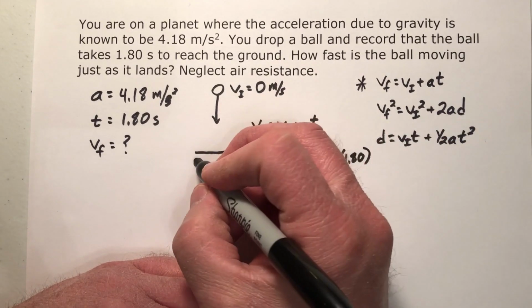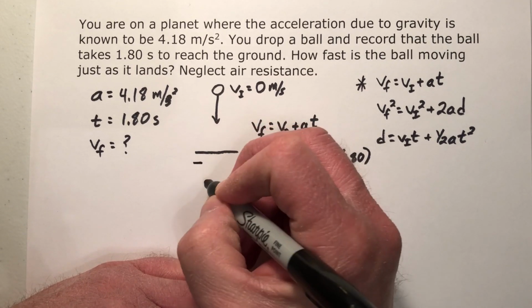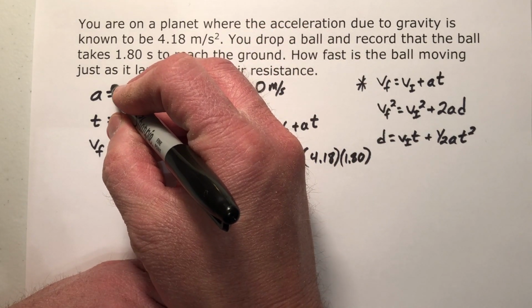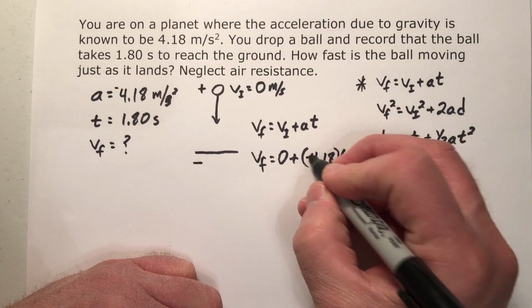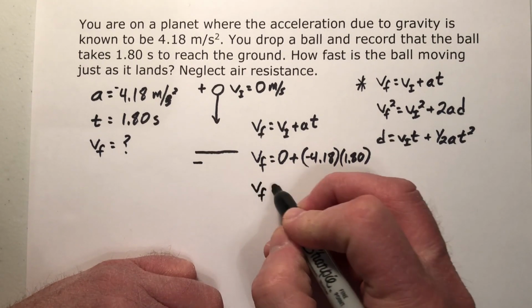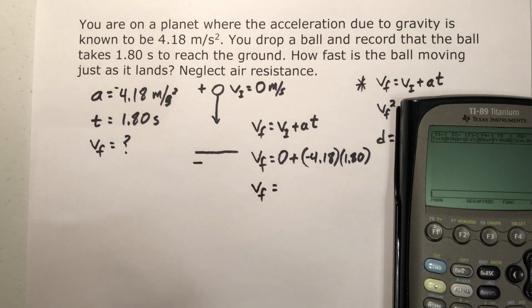Now, typically in these assignments, we make down negative and up positive, which means our acceleration due to gravity is negative. So it would be a negative there, negative 4.18. So our VF is going to be, let's do some calculations.